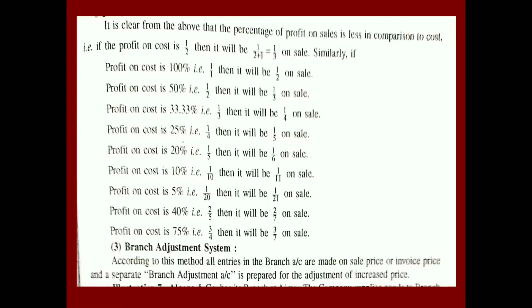Profit on cost is 25%, that is 1/4, then it will be 1/5 on sale. Profit on cost is 20%, 1/5, then it will be 1/6 on sale.